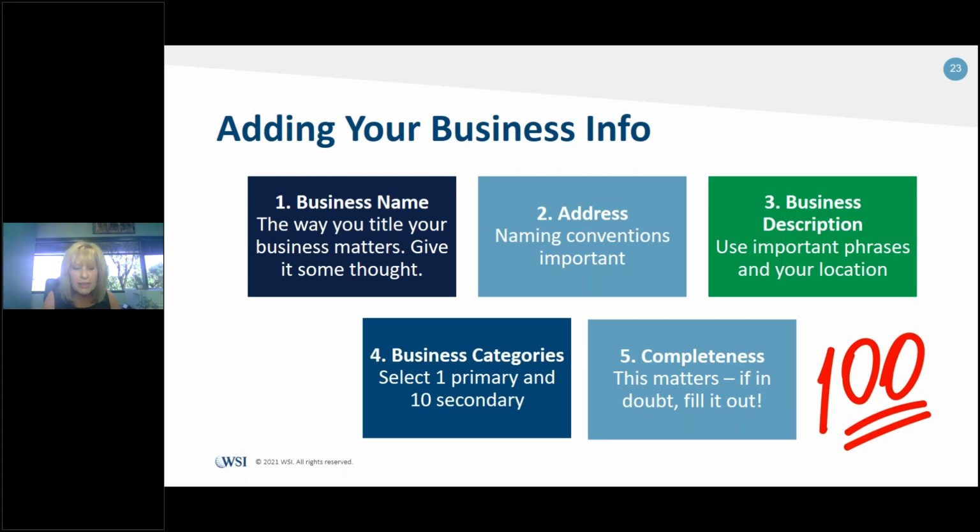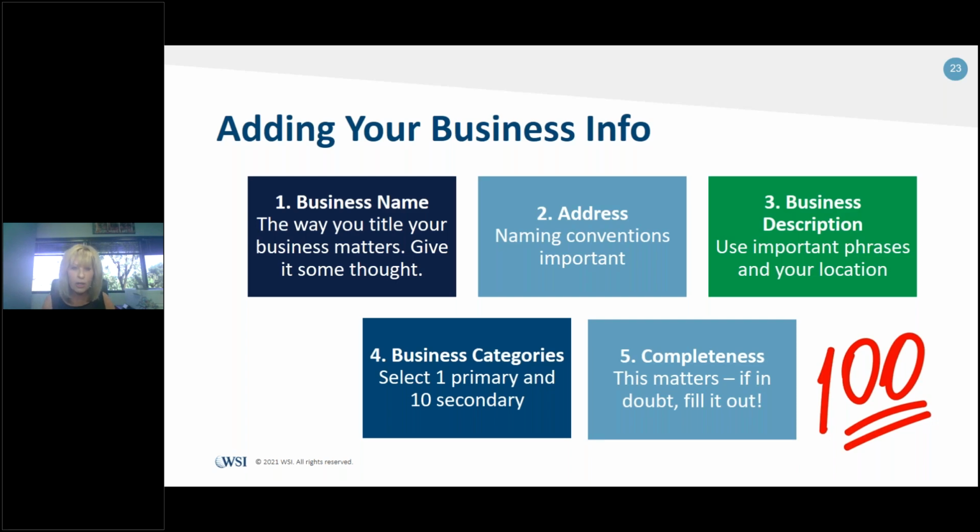The Google My Business is set up on a category basis. And so when you're setting up the profile, you can go back and change this later too. It's going to ask you for a primary category. It'll also give you up to 10 secondary categories. There's like literally 4,000 available, something like that. It's crazy.